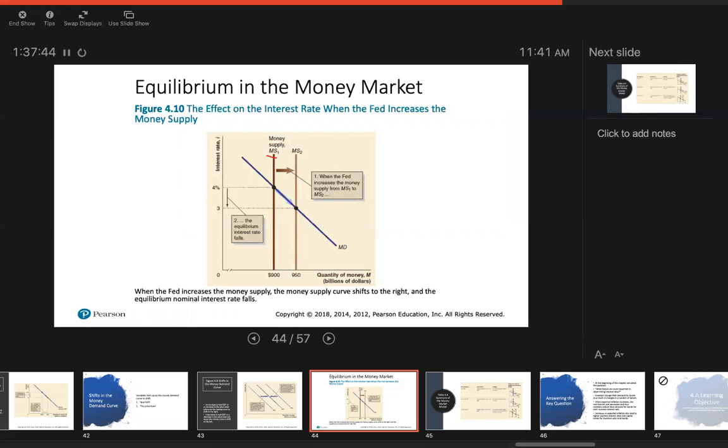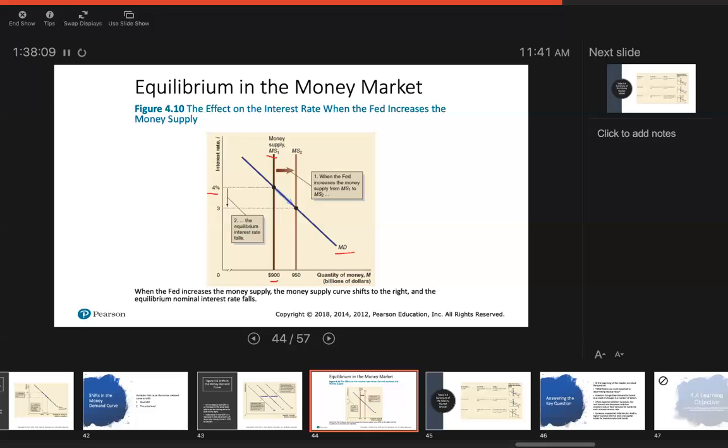Okay. So here you can see what happens. Suppose this is the money demand curve in the economy, and the Fed decides to increase money supply. Right? It floods the market with more money. What happens? In the original equilibrium, the money supply curve intersects with the money demand curve at this level. So this is the quantity of money which is in circulation, and the interest rate is 4%.